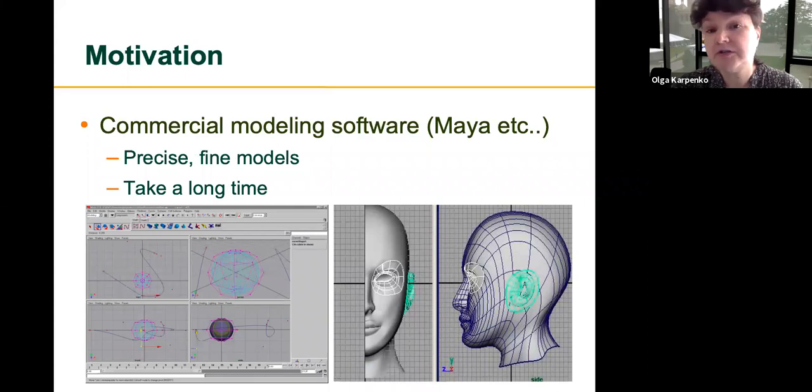This is what you can use to create, for example, characters for a Pixar movie. Now, they allow you to create models that are very fine and precise, but there is a problem. This type of software takes a long time to learn. The learning curve is pretty steep for something like Maya or AutoCAD.